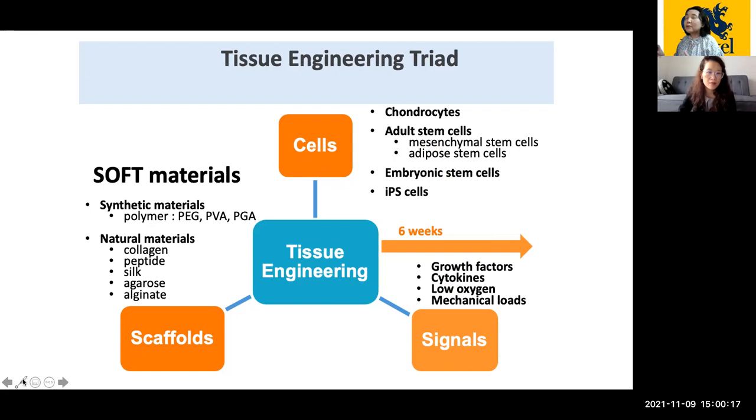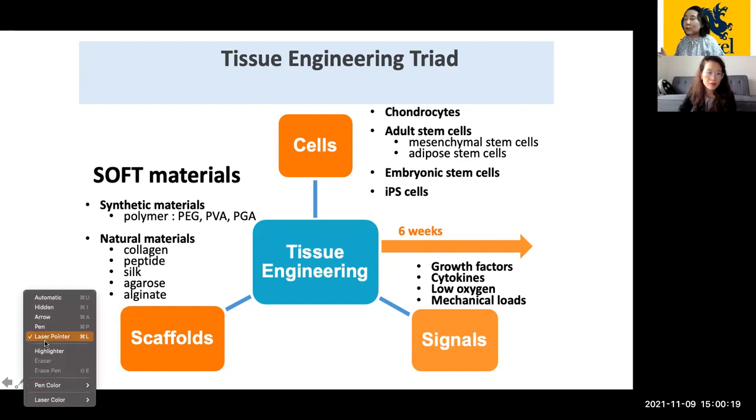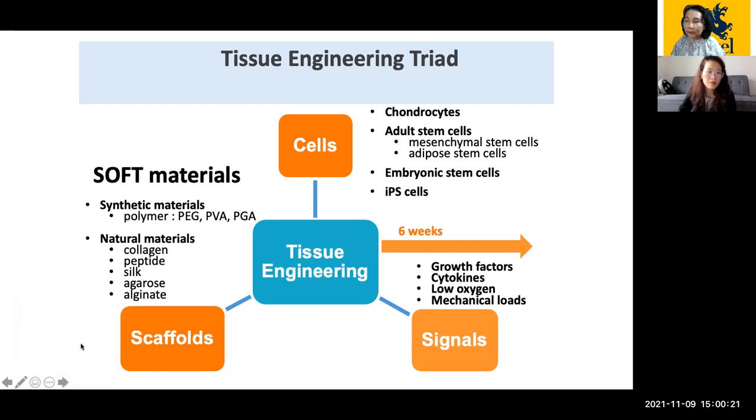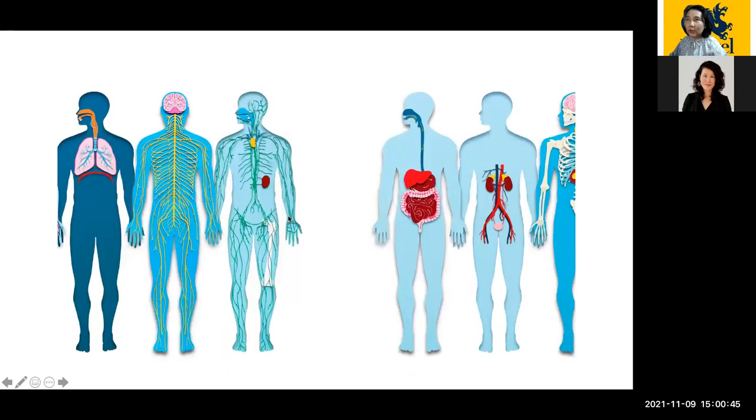And sometimes we use both: we culture outside of the living and then move it inside the living. So there are many kinds of signals that you can give to control tissue formation. Ajahn Sukhansa, did you talk about chemical signals for tissue engineering?